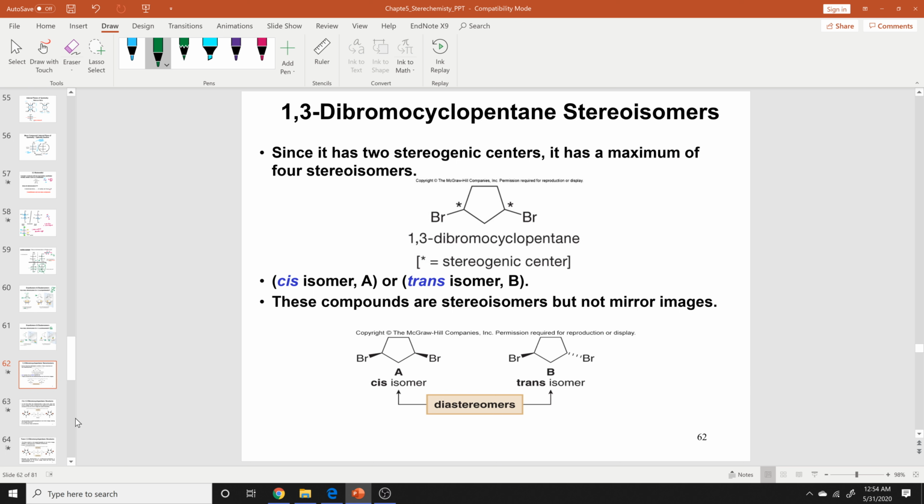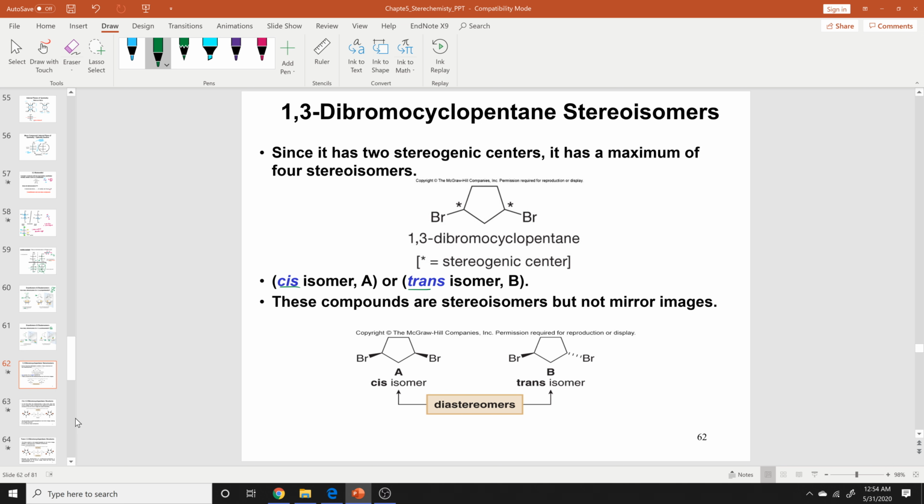Let's have another example over here. The 1,3-dibromocyclopentane. I'm giving you a lot of examples, and notice all of these are cycles, so I did not change that into Fischer because I cannot. I only have to consider the cis and the trans isomers in there to determine the total number of stereoisomers. So I have 2 chiral centers in there.